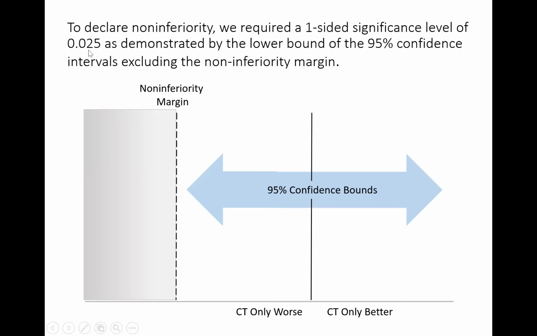That equates to a level of 0.025, because it's the two tails of the 95% confidence bounds, 0.025 down here and 0.025 up here. So what you're basically saying is I have a 97.5% probability that the difference between the two of these is not below the non-inferiority margin, not worse than what I'm willing to accept.